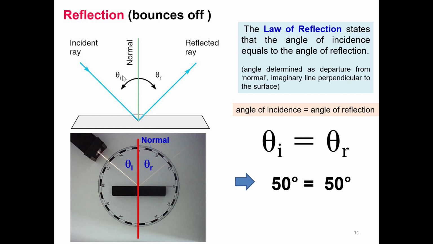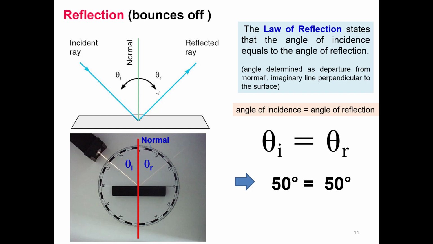The angle that we measure from an imaginary line that is perpendicular to the surface, this line is called the normal line. The angle we measure from the normal line to the incident ray is called the incident angle, or the angle of incidence. And the angle that is measured from the normal line to the reflected ray is called the angle of reflection.